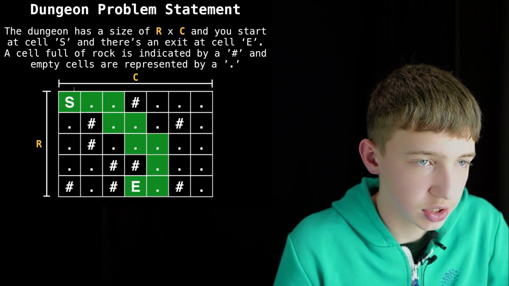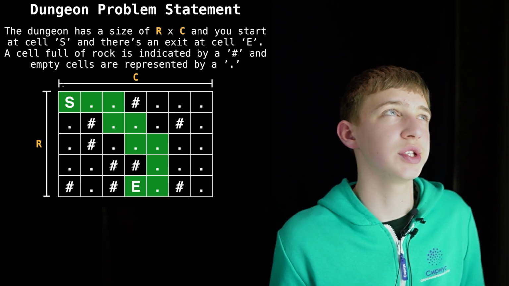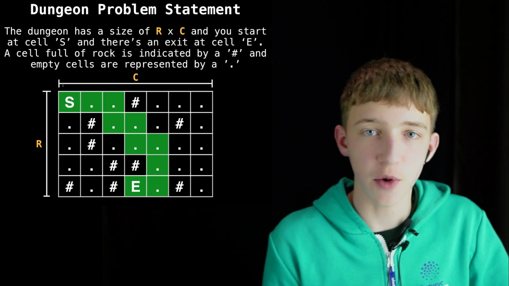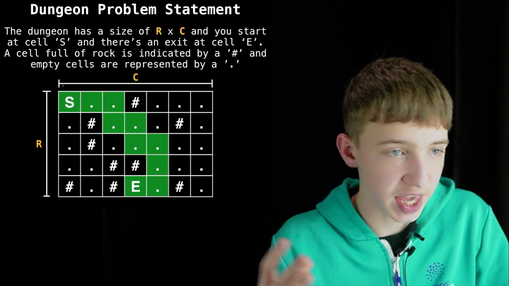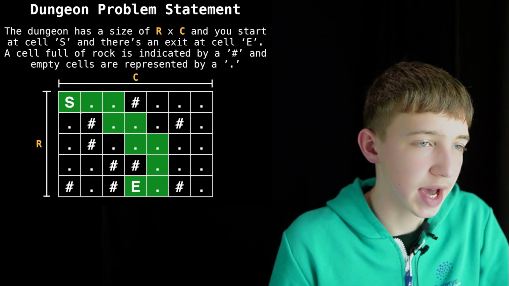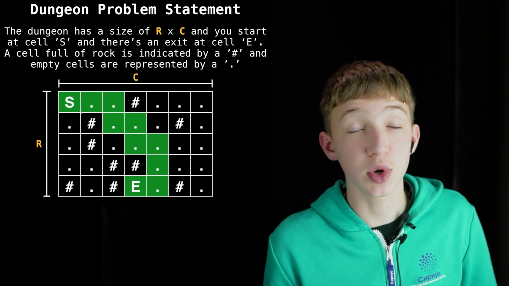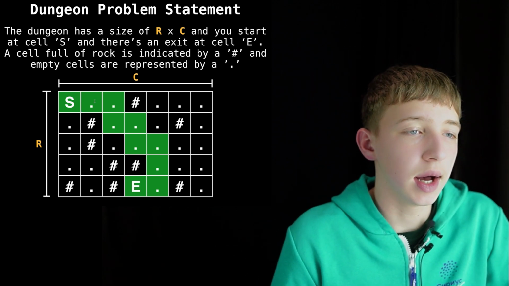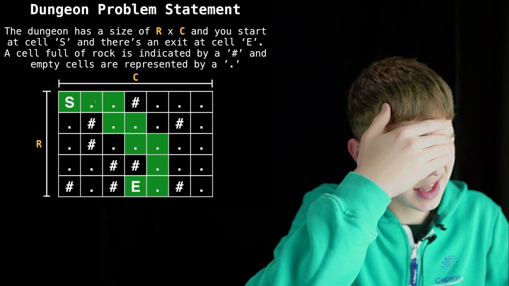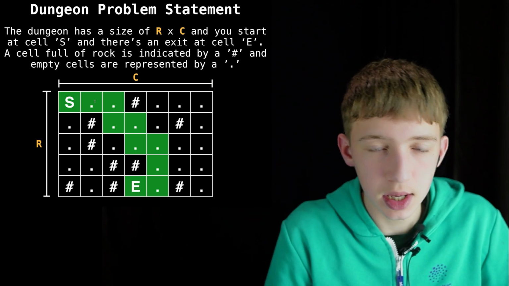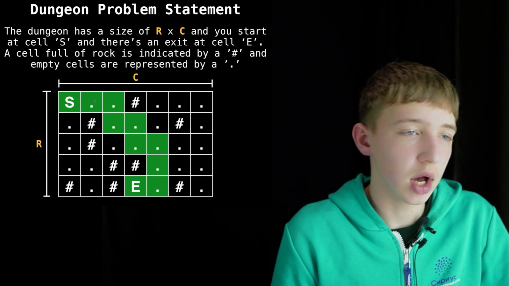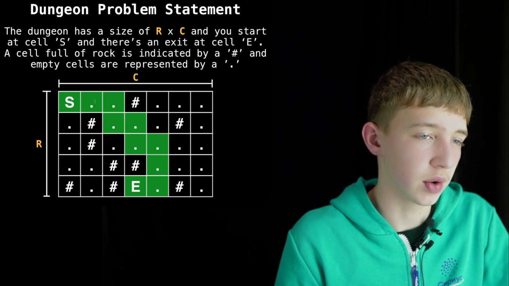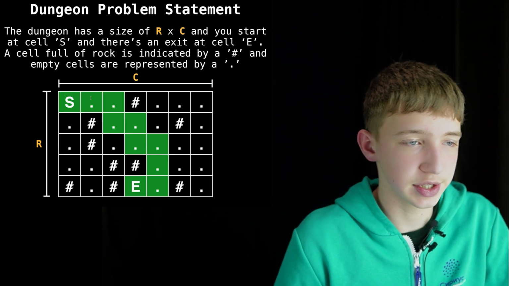So our approach is going to be to use a breadth first search from the start node until we reach the end node, and count the number of cells we traverse during this process. However, it might not be possible to exit the dungeon, and then we want to return that it is not possible.